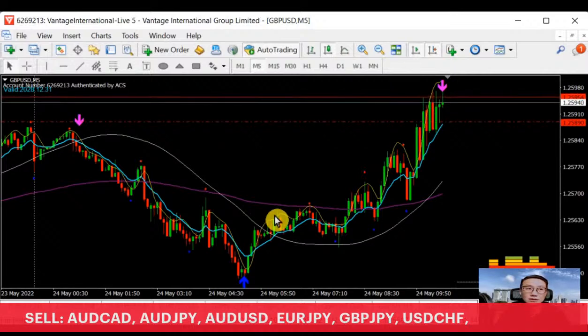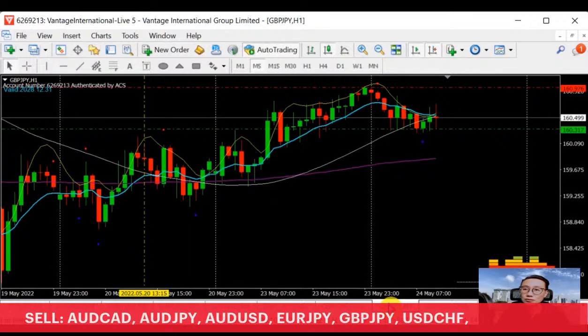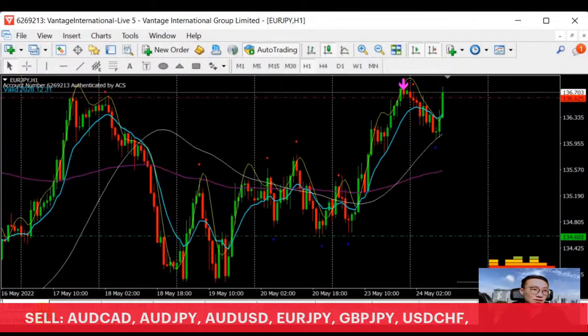So let's see. Pound yen, let's take a look. And euro yen, let's take a look. Euro yen is the one that we should be focusing on more.